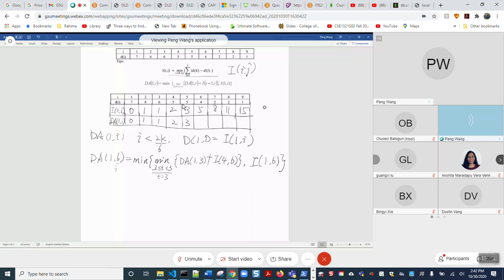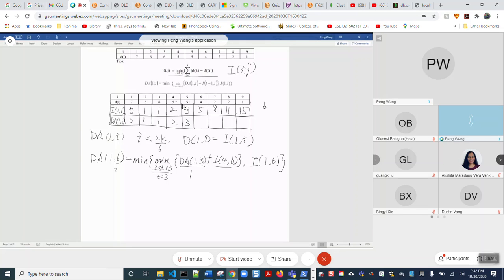So now let's calculate it. For the first one, dA13, we can find it from the table. It's 1. And for I46, we can calculate it following the previous formula: make 5, 5, 4 the same.